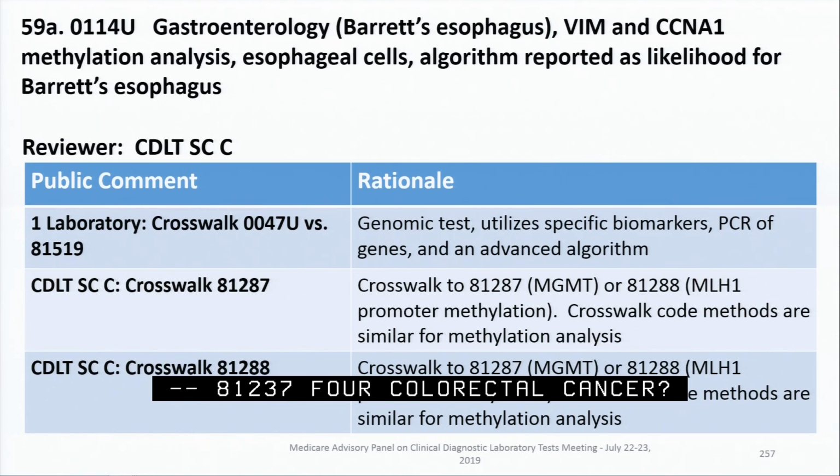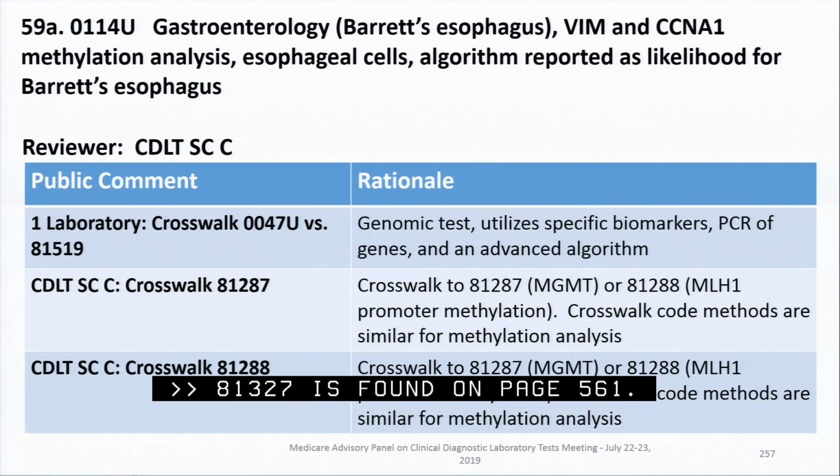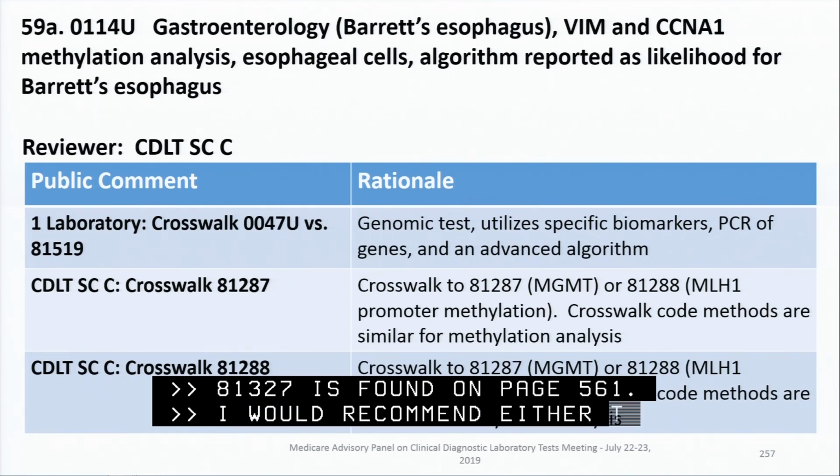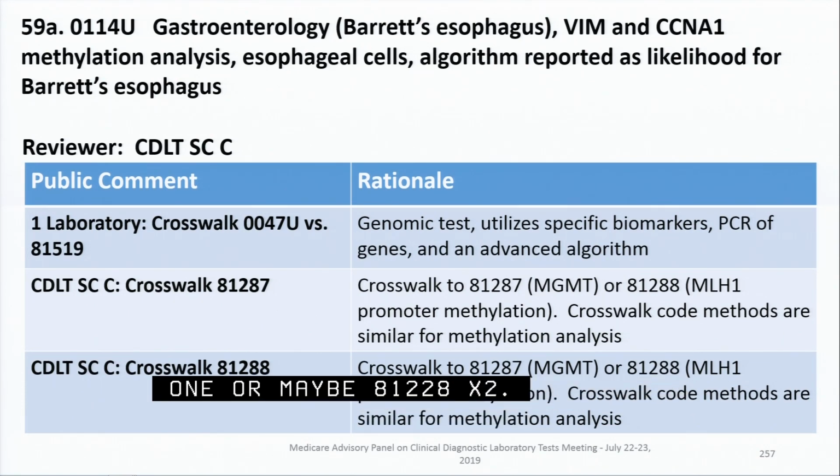So 81327 is found on page 561. Yeah, I would recommend either that one or maybe 81288 times 2. They're all pretty similar in terms of technology.